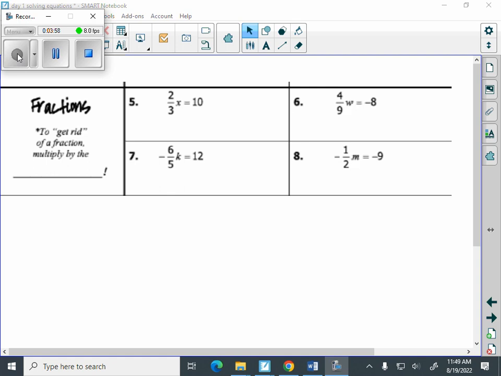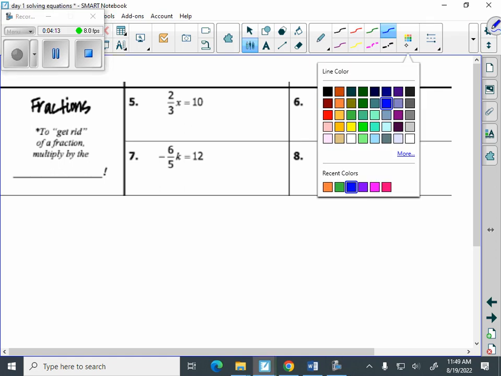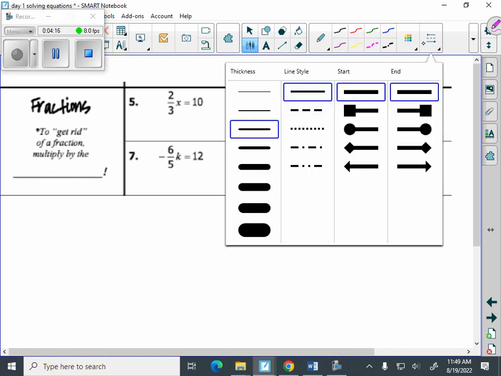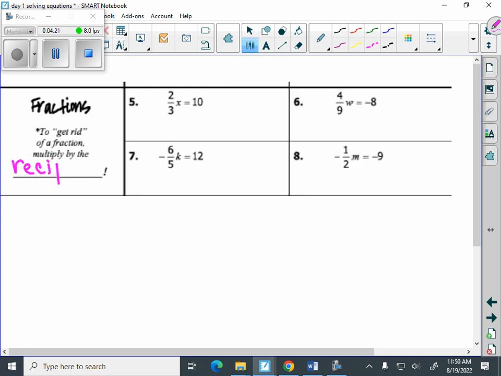With Desmos, we can do these in one-step equations, but we can also use reciprocals.